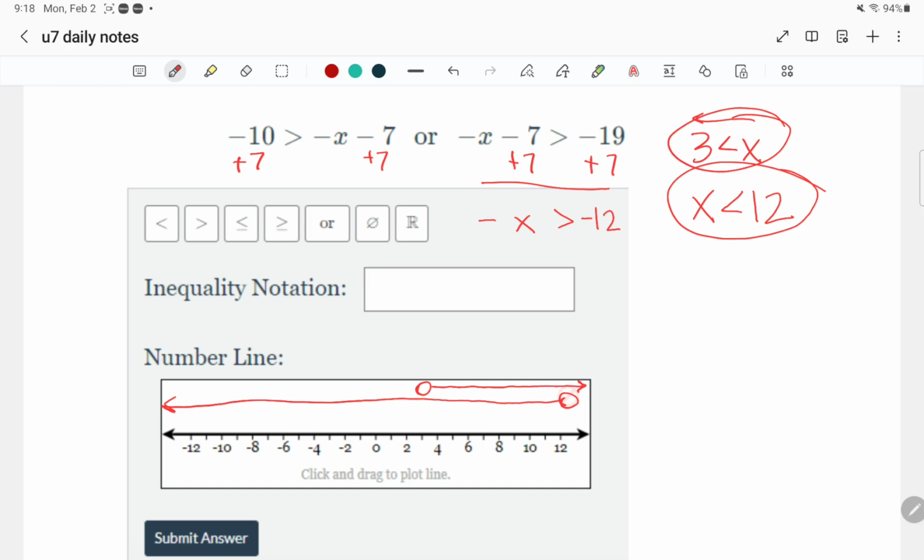Okay, I've got my arrows going in opposite directions and there is no gap. I'm going to keep everything. This is an OR statement. I know that because it told me. I'm going to keep everything. And so if everything is literally everything, then that is all real solutions. That's my fancy R.